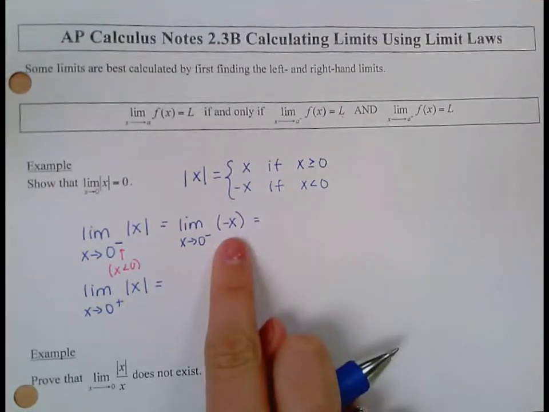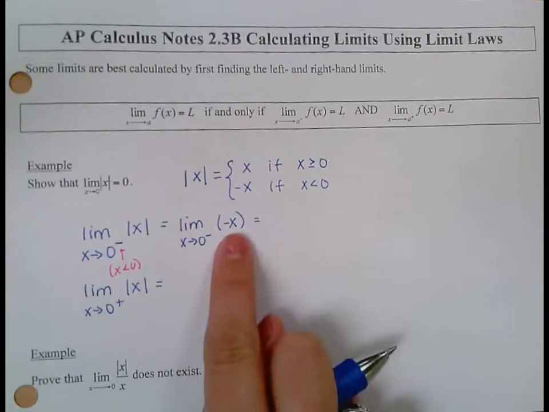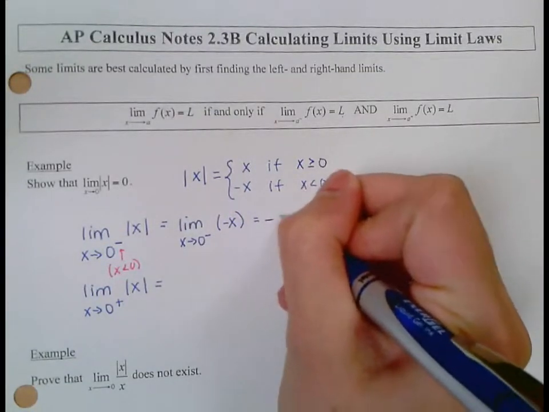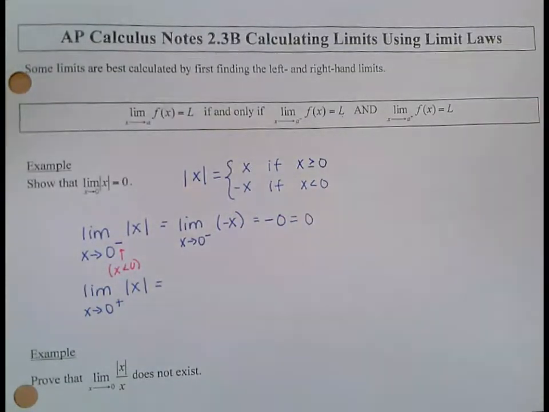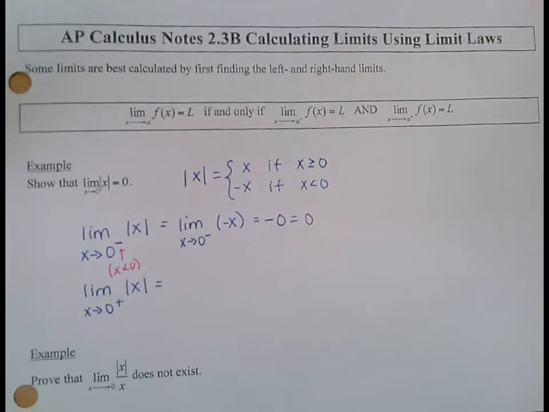And now that I no longer have the absolute value bars, I can use direct substitution and just substitute 0 in for x, and I end up getting negative 0, or the opposite of 0, which is just 0. So the limit from the left is equal to 0.